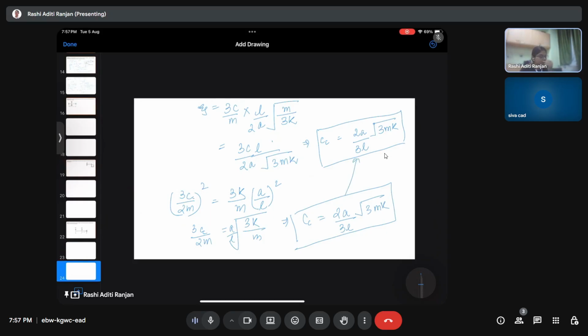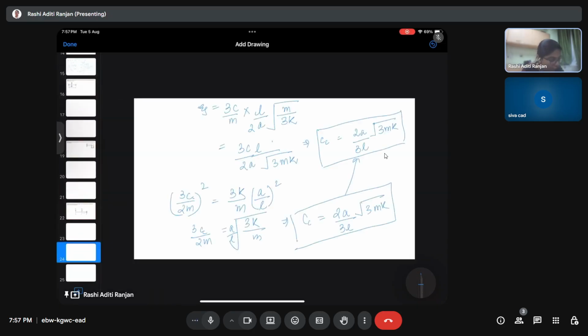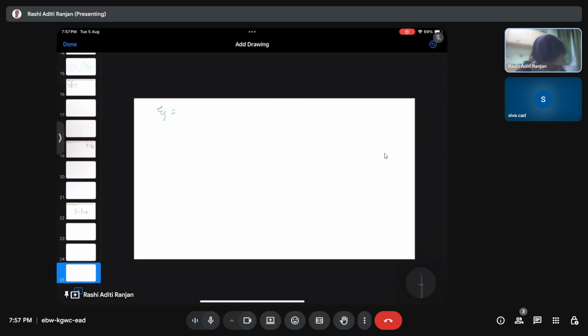Okay. Third one is finding the damped natural frequency, for which we need omega n and eta. Omega n we already have, so we want eta, which is over here, this one. So we have eta as 3c by l divided by 2a into under root of 3mk.